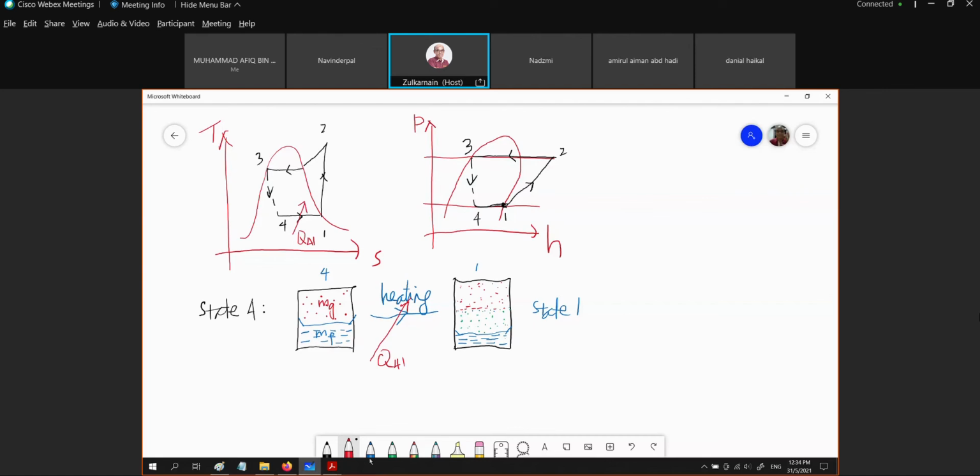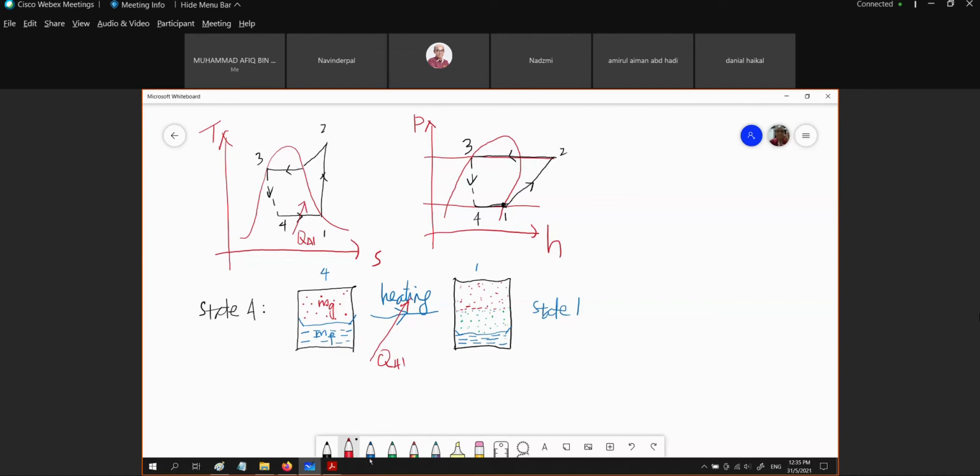The only parts that play an important role in absorbing this Q41 is the liquid phase, where it will be converted to the vapor phase.